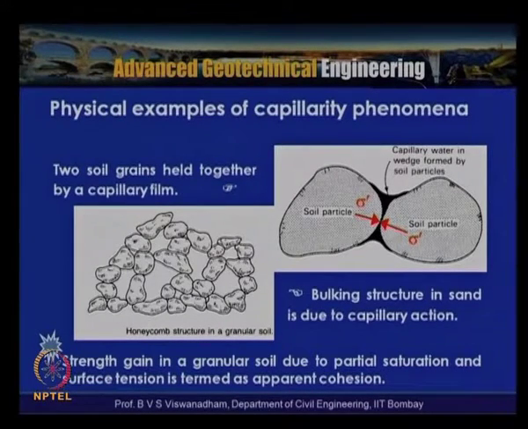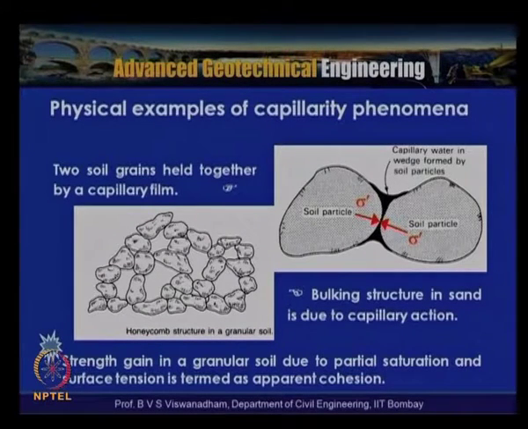But if you look into this, there are two types of cohesion. One is called true cohesion, which is a property of the soil that can arise because of the presence of certain minerals. For example, carbonates can induce some cohesion in silty soils.